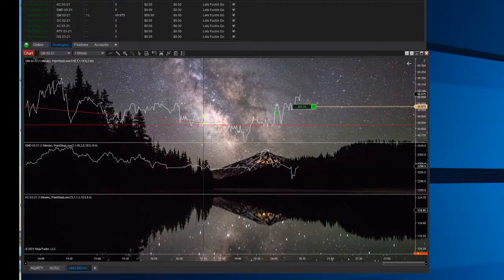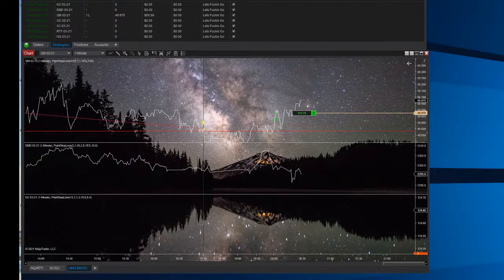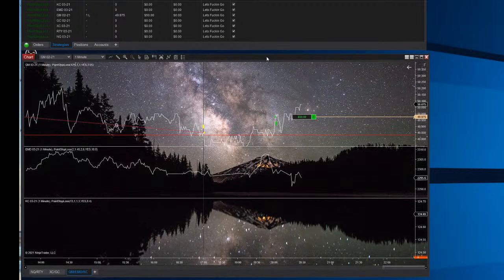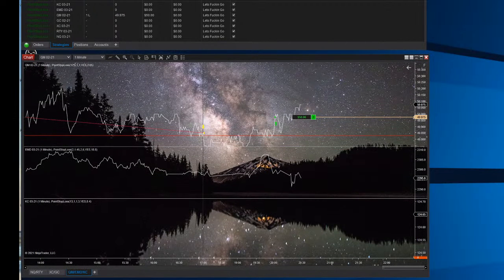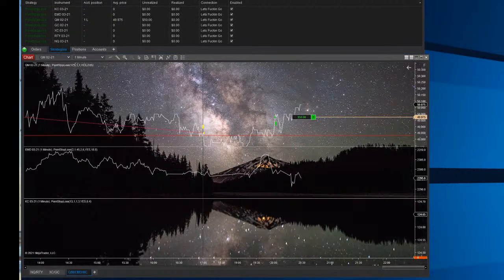You choose what will be traded. You apply the algorithm or the strategy to the chart that you want to trade. So if you wanted to trade NQ, you put it on an NQ chart. If you wanted to trade ES, you put it on an ES chart, if that makes sense.